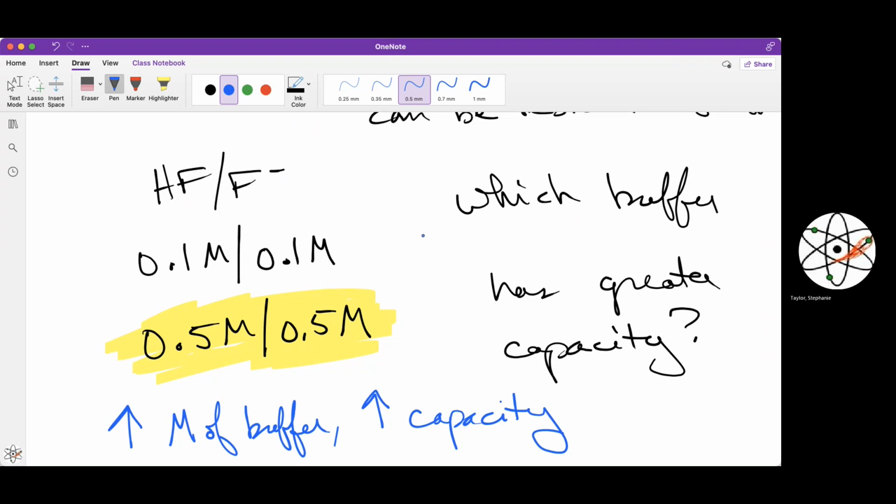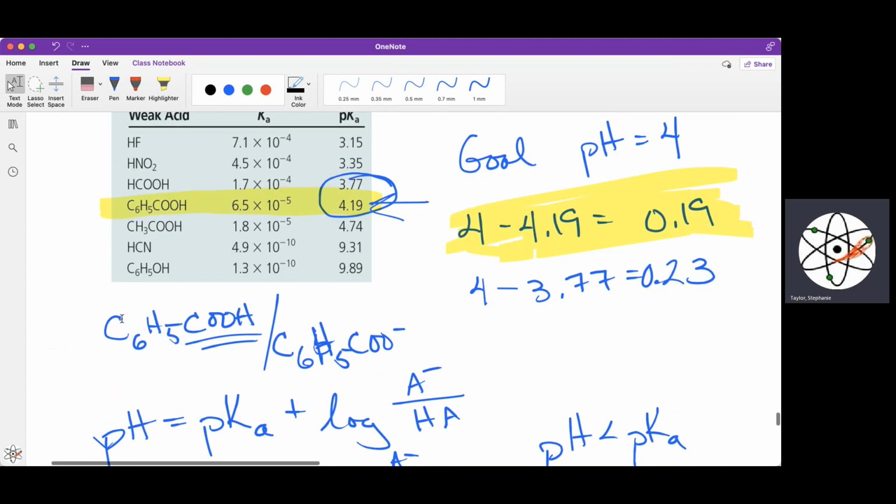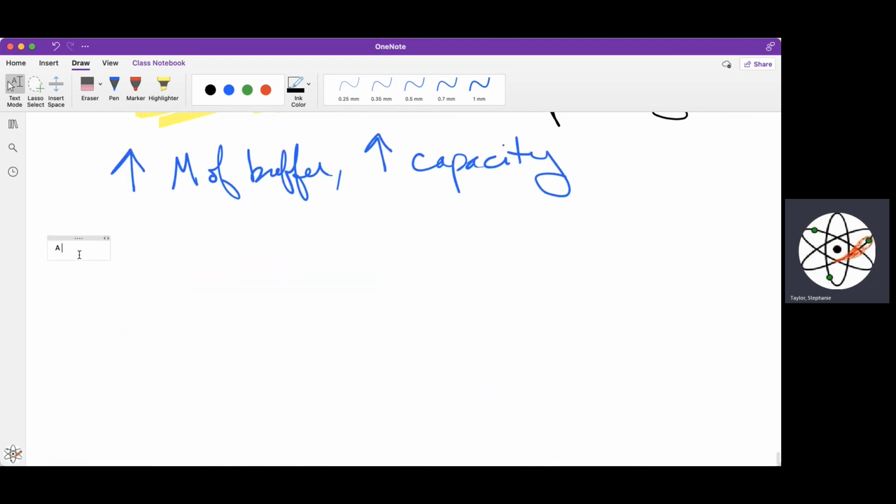Let's do one more buffer problem. I need to use something where I have the pKa. Hey, look, I can use HF because it's in there. Fabulous. A buffer containing, just to make our math easy, 1 molar of HF and 0.1 molar NaF has 100 milliliters of this buffer.